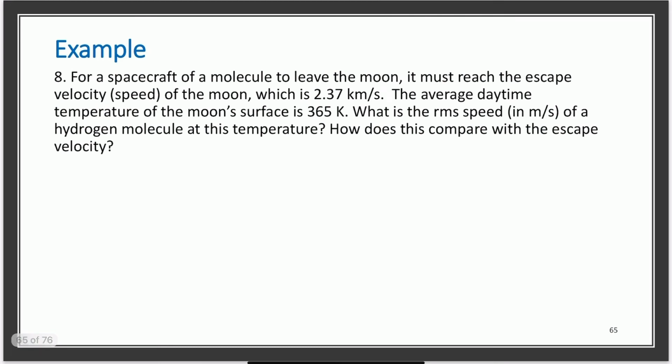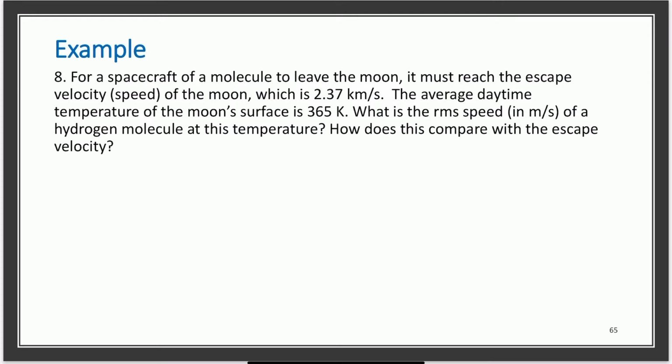For a spacecraft or a molecule to leave the moon, it must reach the escape velocity or speed of the moon, which is 2.37 kilometers per second. The average daytime temperature of the moon's surface is 365 Kelvin. What is the root mean squared speed in meters per second of the hydrogen molecule at this temperature? How does this compare with the escape velocity?